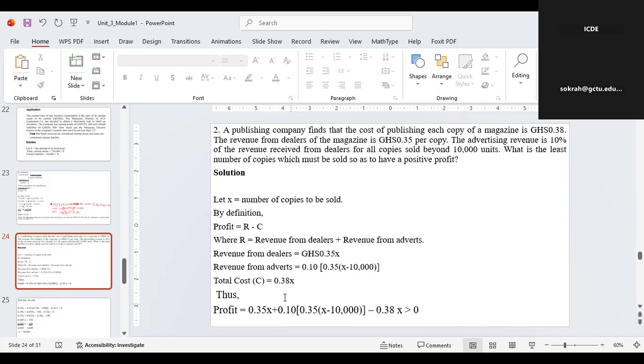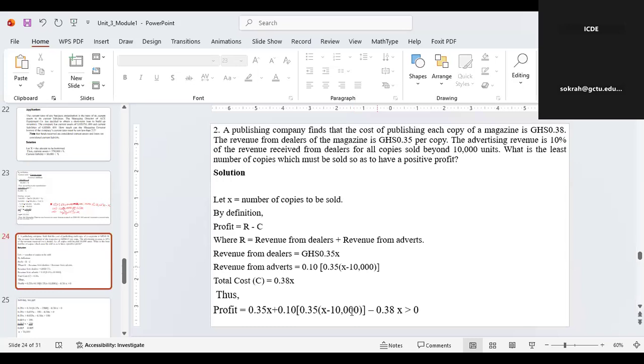Now we know that profit should always be greater than 0. It shouldn't be less than 0. So that is where the inequality comes. So we substitute all this and make it greater than 0. So R is going to be 0.35x plus 0.10 into bracket 0.35 times x minus 10,000 units.